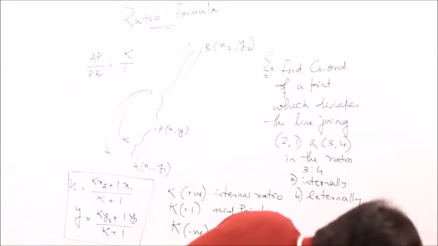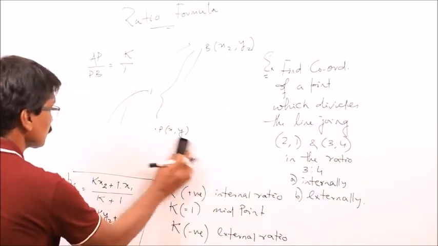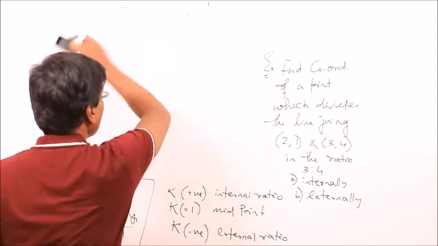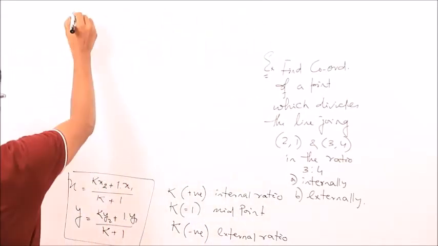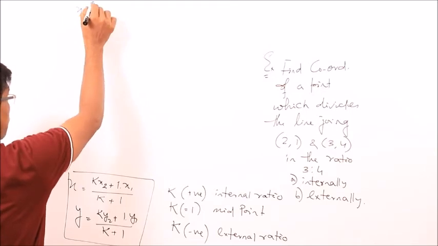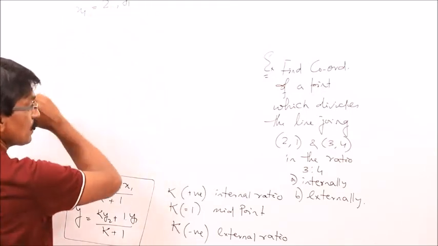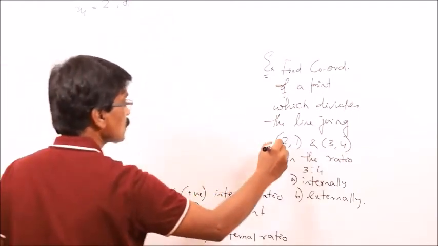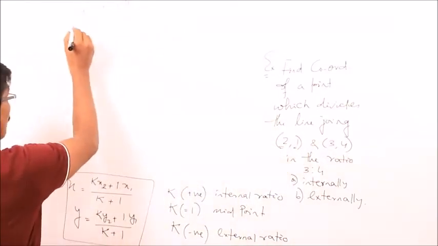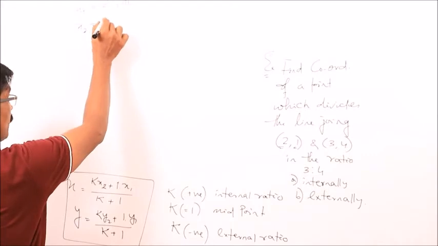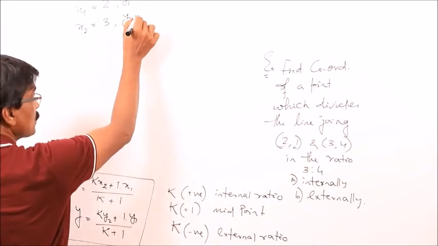So here we have x1 is equal to 2 and y1 is equal to 1. This is x1 y1 and x2 is equal to 3, y2 is equal to 4.